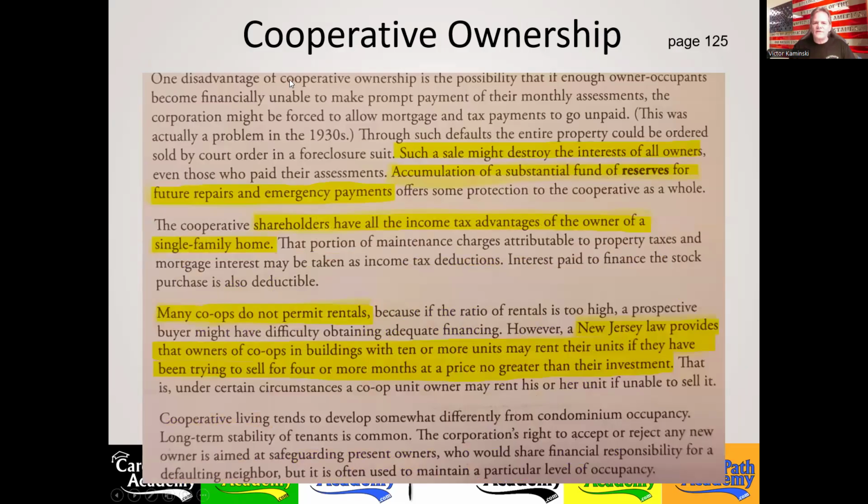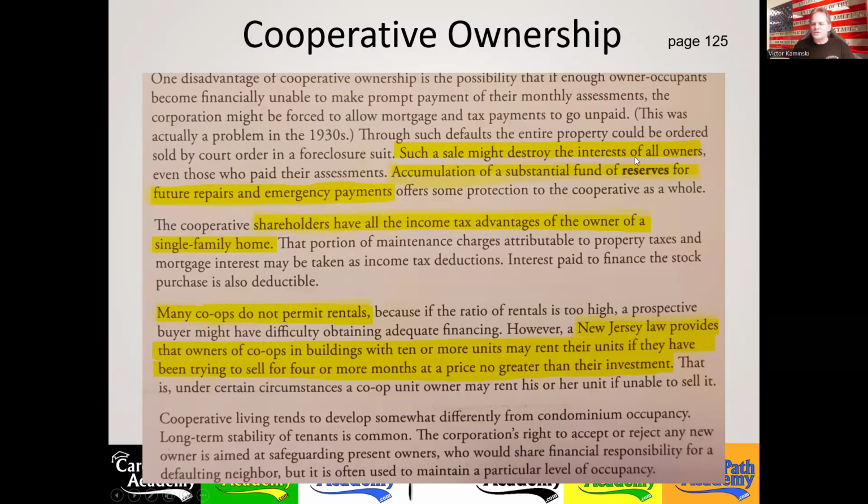So one disadvantage of cooperative ownership is the possibility that if enough owner occupants become financially unable to make prompt payments of their monthly assessments, the corporation might be forced to allow mortgage and tax payments to go unpaid. This was actually a problem in the 1930s. Through such defaults, the entire property could be ordered sold by a court order in a foreclosure suit.